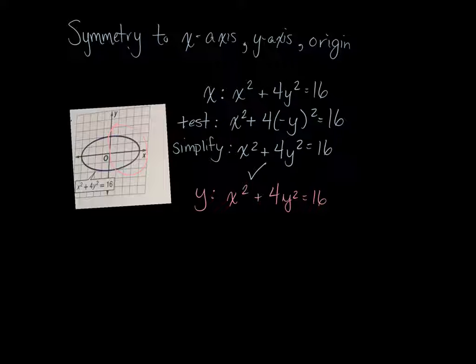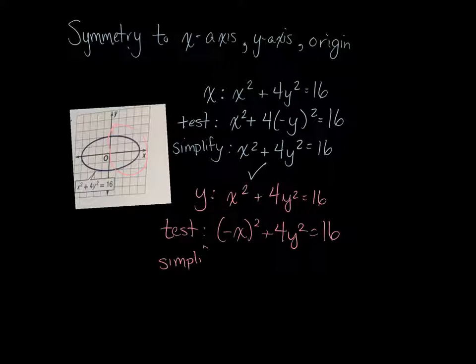All right, so then our test will be -x squared plus 4y squared equals 16. And then we simplify it. Negative x squared will just be x squared plus 4y squared equals 16. And since our original equation matches our simplified equation, that means our equation is symmetric to the y-axis.